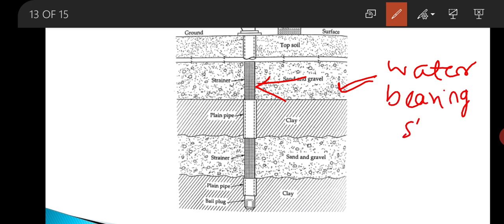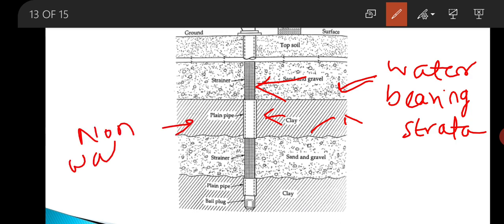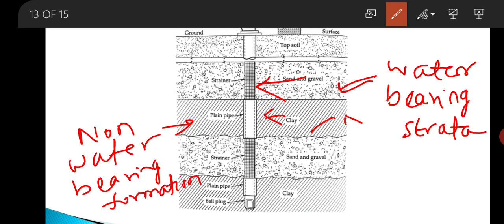So, strainer pipe is placed opposite to the water bearing strata and plain pipe is placed opposite to the non-water bearing formation. This clay is the non-water bearing formation.